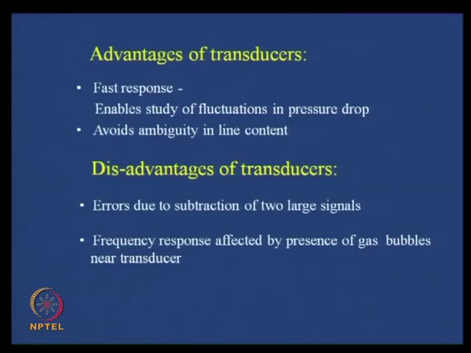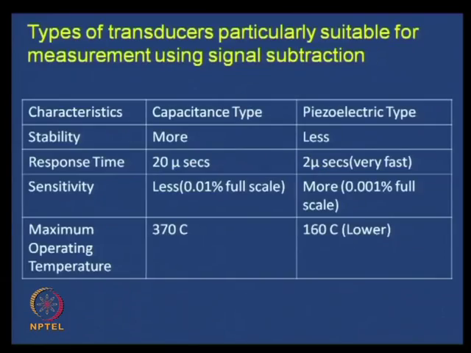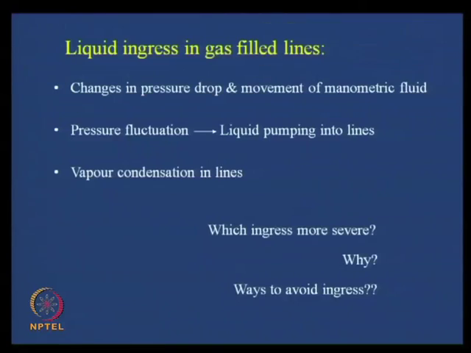The moment we take up differential pressure transducers, again we are having tapping lines, these tapping lines are connected to the two sides of a diaphragm. So, therefore, all the problems that were associated with tapping lines, the problems which I have noted down here, should be there in the case of the differential pressure transducer also.